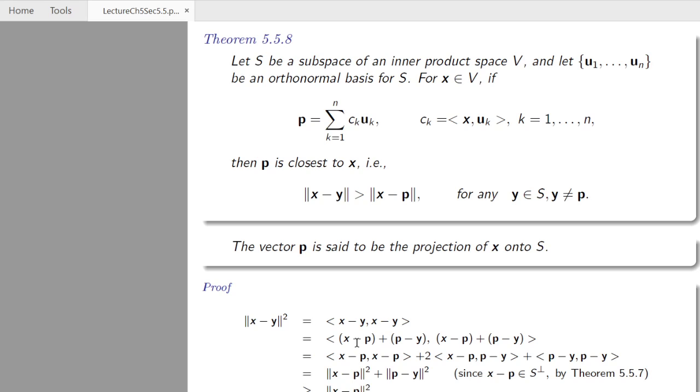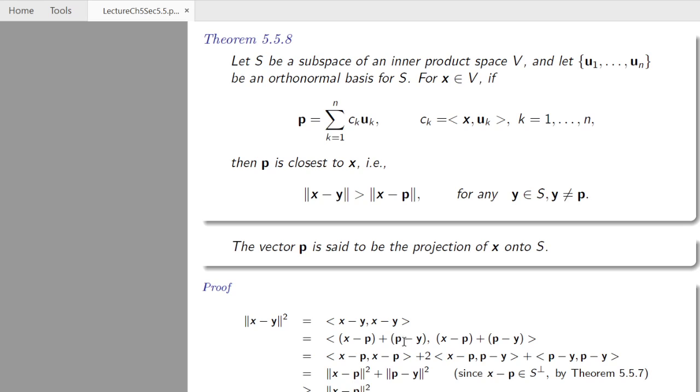Then we got this here, we can say 1, 2, 3, 4, four terms. So we look at it term by term, looking at the inner products. The inner product between x minus p and itself, that's the first term. And then x minus p with p minus y, and then we should have another term, so we get a double.